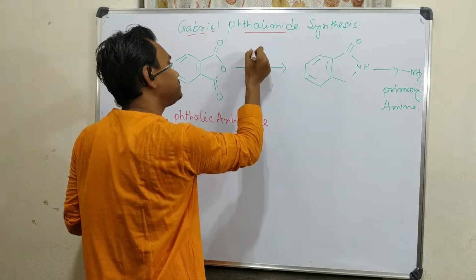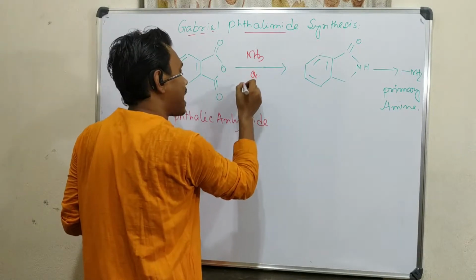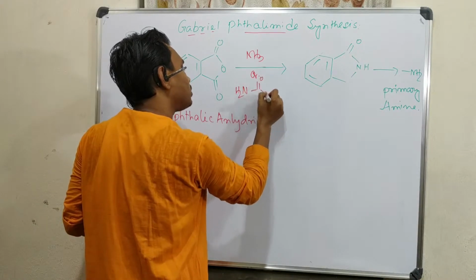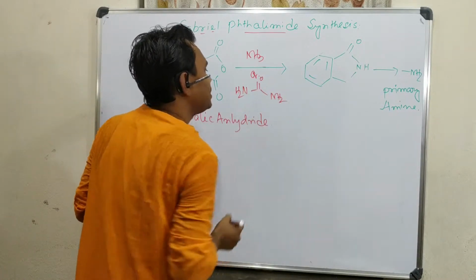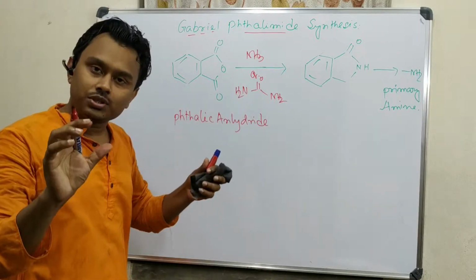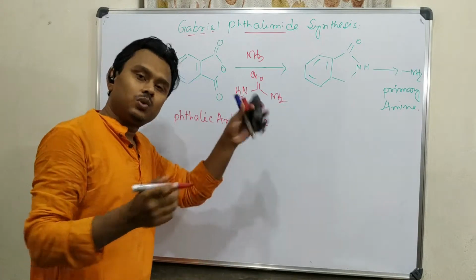And this reacts with ammonia or urea as a source of primary amine. You know that urea could serve as a source of ammonia as a solid reagent, because it hydrolyzes this part and carbon dioxide goes out.